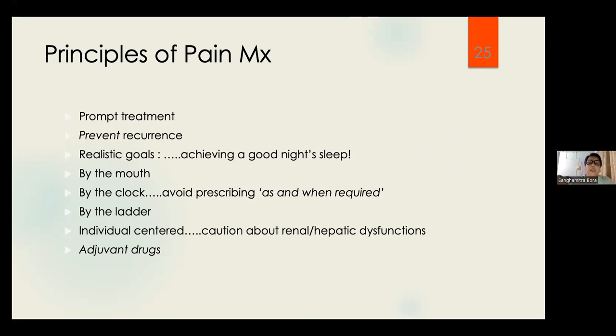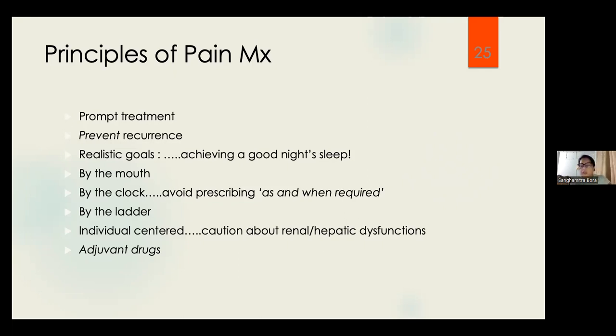It has to be individual centered. You have to tailor cut the whole prescription of pain medications, and also look into the renal and hepatic dysfunctions, because many of our patients might be elderly patients with renal and hepatic dysfunctions. Do not forget the adjuvant drugs.